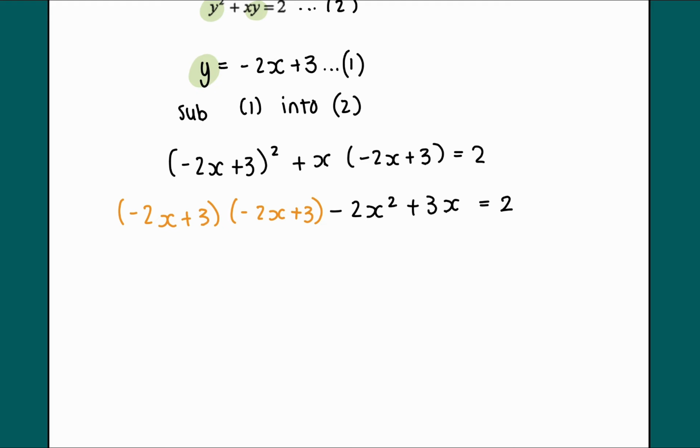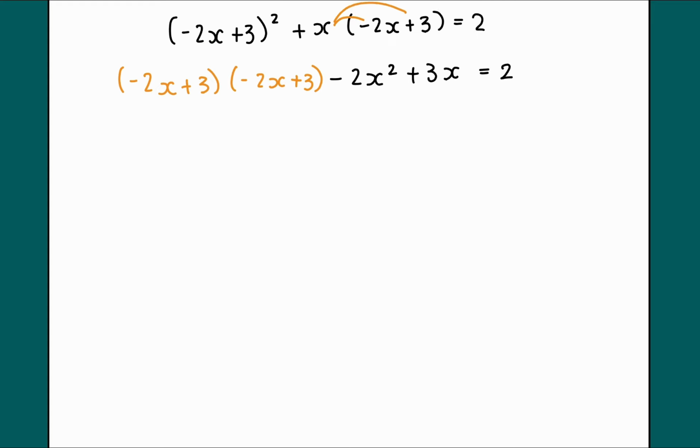For anyone who's confused on what I had just done, all I did was I FOILed in or distributed in the x. So that would be x times negative 2x, which is negative 2x squared. And then x times 3, which gives you a positive 3x. And I just wrote down equal to 2 because that was the rest of the equation. All right, now let's do our foiling.